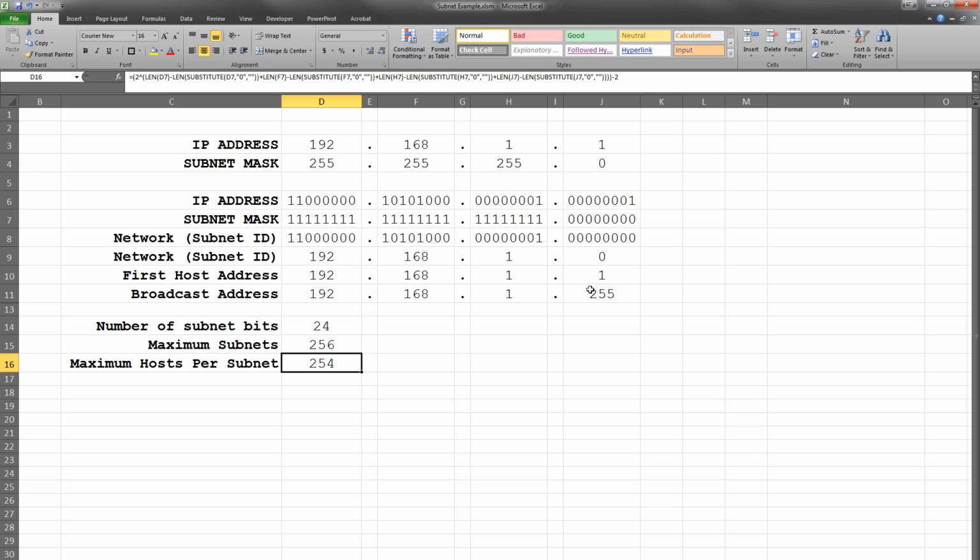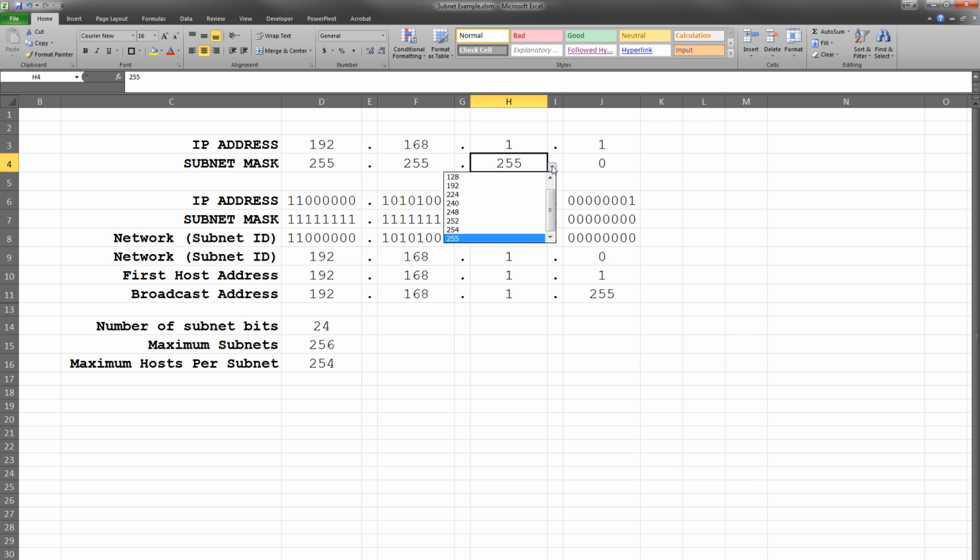All right, so let's get a little bit more complicated. Let's instead do an example where our subnet mask is not exactly on the octet boundary. Okay. So we've changed it to 255.255.254.0. Okay, so this is a /23 network, which means that there are 23 ones in the subnet mask and 9 zeros.